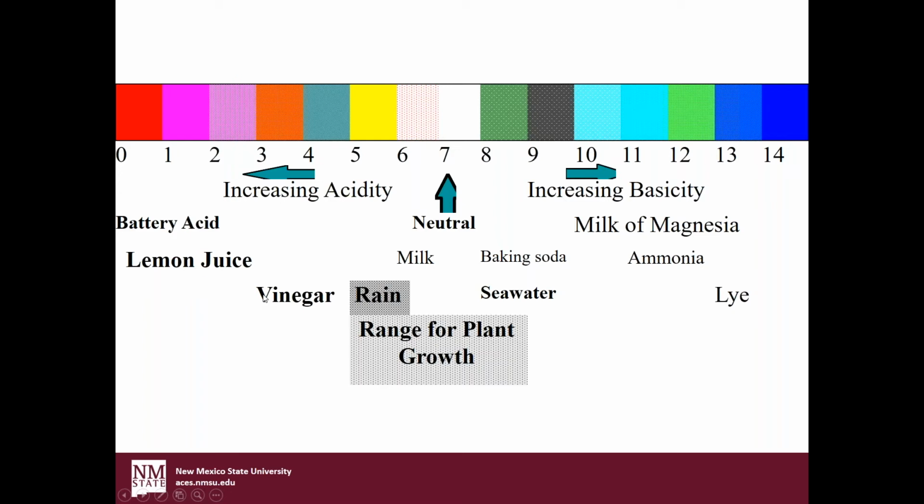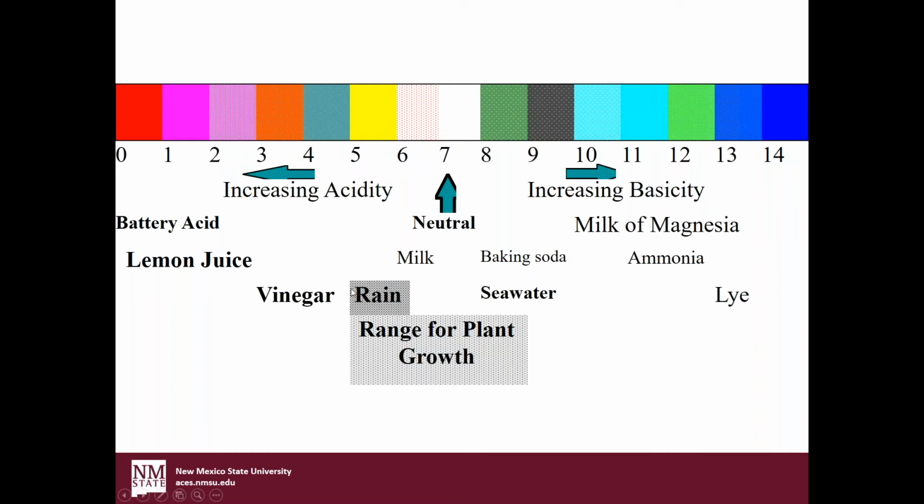Vinegar, it's always a good experiment that I'll show you in a little bit about how to tell if there's some lime in anybody's soil around these parts. Rainwater, after that first rain, at least in this part of the world, we can expect it to be slightly acidic. And then we can move into the basic pH readings, where we have milk of magnesia, baking soda, seawater, ammonia, lye. These sorts of things are going to be on your basic nature.